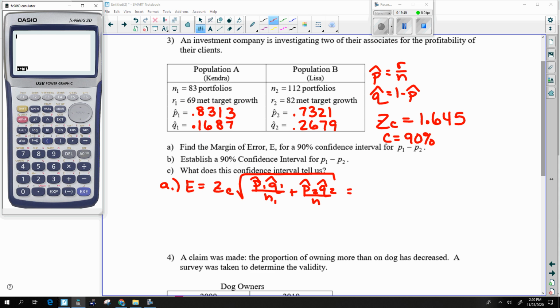So p hat 1 times q hat 1 divided by n1 plus p hat 2 times q hat 2 divided by n2, and you square root that. There you go. So that's the square root times ZC.